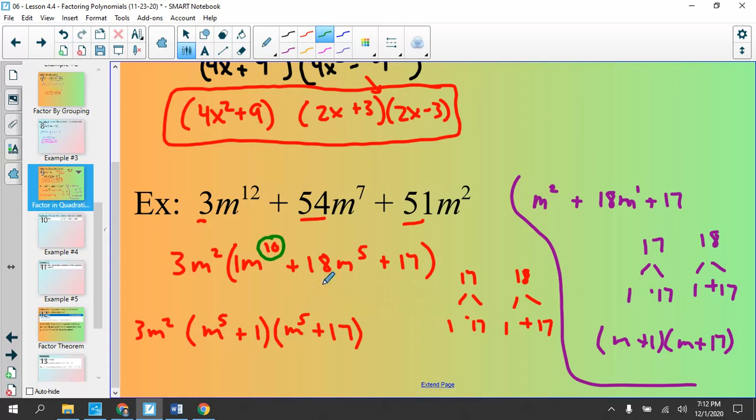There's where your 18 is going to come from, and then your 17 there. So you treat it just like it was a quadratic, even though it's not technically second degree. So there we go. Factoring as if it were a traditional factor after factoring something out, using our traditional method.